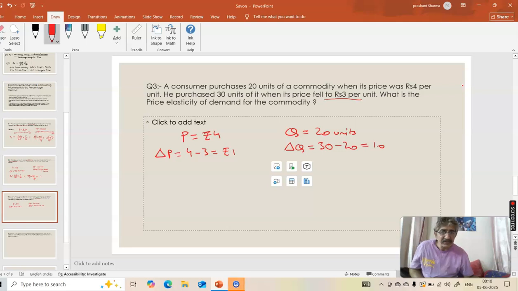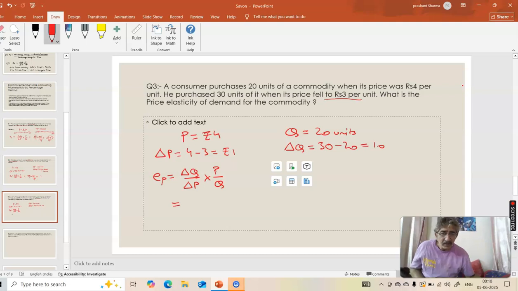What is the price elasticity of demand? Apply the formula: price elasticity is equal to change in quantity upon change in price into P upon Q. Always write the formula. The more you practice, the more it sinks into your mind.